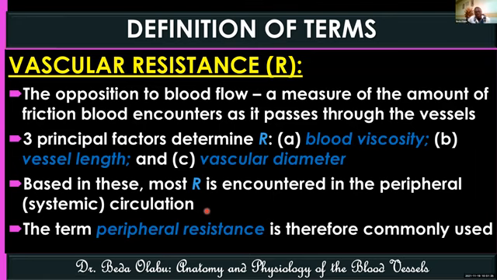And now I want you to work through that mathematical formula that I gave you earlier. I told you that F is equal to change in P over R. Now, I want to give you 30 seconds to rearrange that formula and work out what is the calculation for R. R will be equal to what?